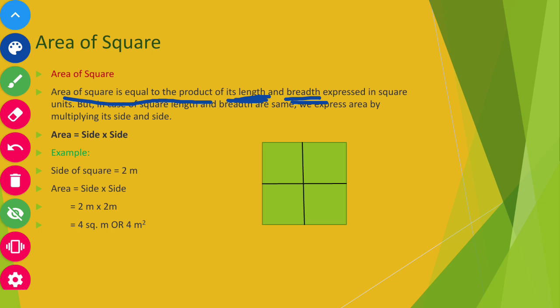Length is the longer side of the object, and the smaller side is called breadth. But in a square, length and breadth are equal, isn't it? Here in a square, length and breadth are the same.